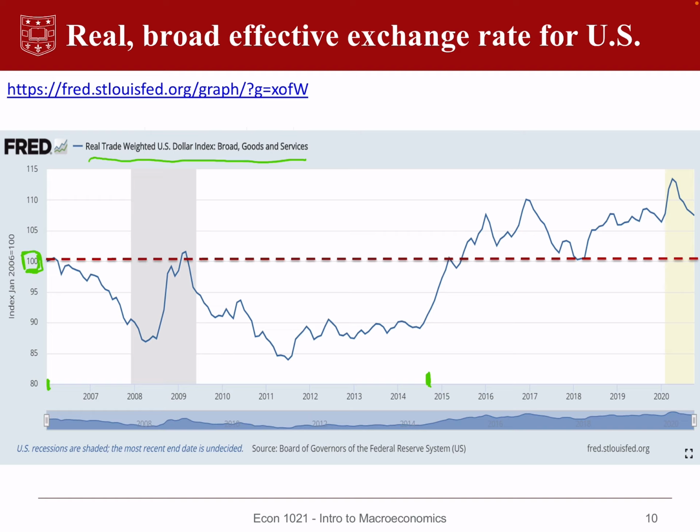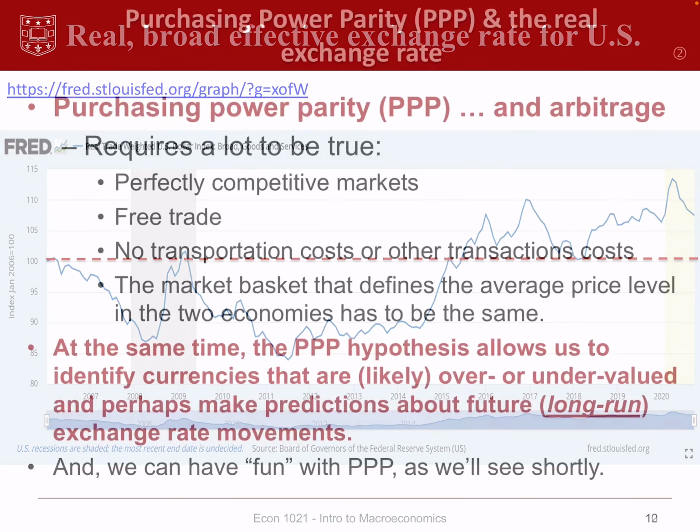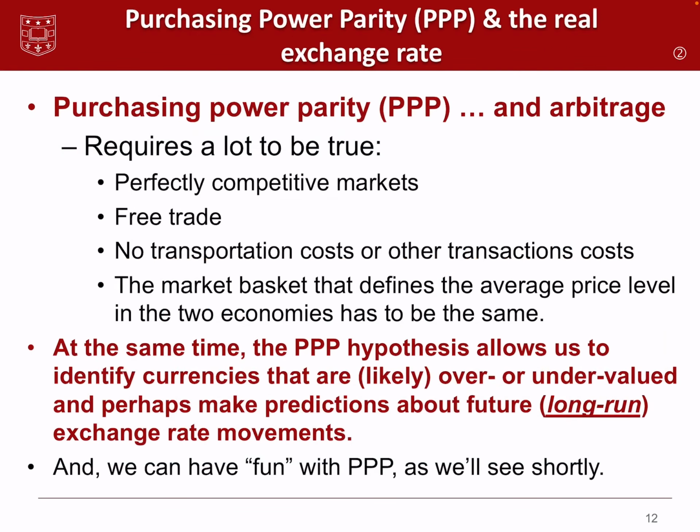And in the meanwhile, international transactions are going to be buffeted by lots of other things that are happening. Additionally, and importantly, for the idea of purchasing power parity and associated arbitrage to drive the real exchange rate to be equal to 1 requires a lot of assumptions, or a lot of things to be true.